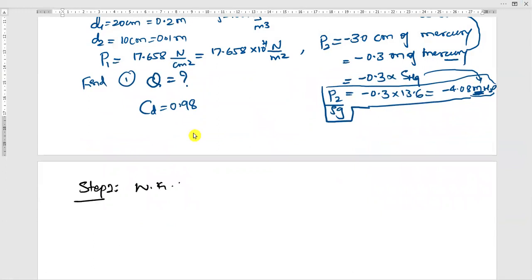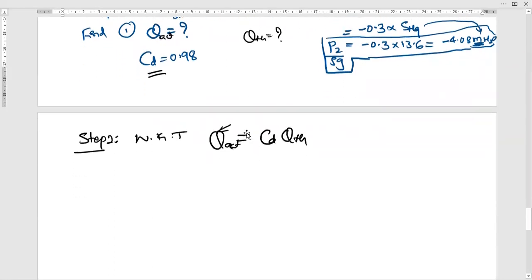We know the formula for the actual discharge in terms of CD. CD is equal to Q actual by Q theoretical. Here Q actual is required because he has given the CD. If CD is not given, we could have calculated only the theoretical discharge. But here CD is given, so you have to calculate Q actual.